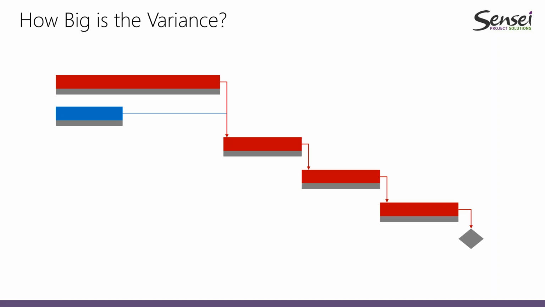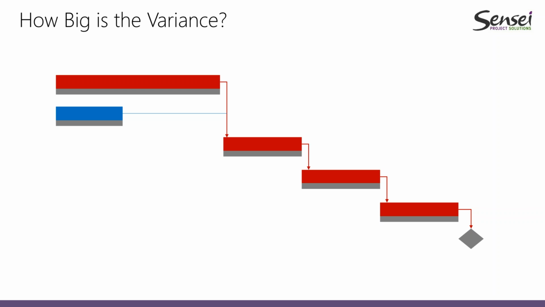As I said, all of the information in terms of variance is stored in the finish variance field. One question we always get from customers and people who are getting started with Project is, how can we understand how big our variance is?